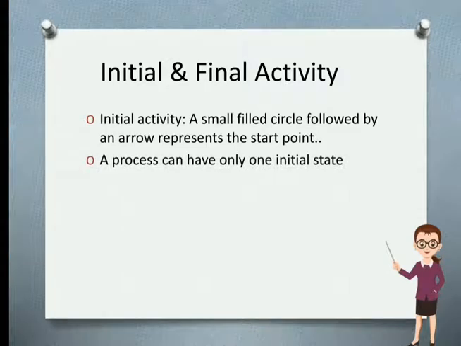A process can only have one initial activity, and from the initial activity only, the next states or next activities are started. So the initial activity is the first transition, or it is the transition to the first activity. The initial activity represents that all the activities start their execution from that initial activity.